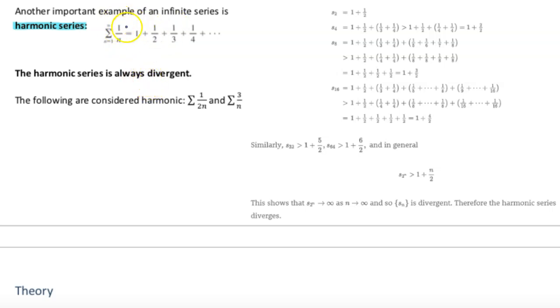And in this case, our numerator has to be a constant, and the denominator has to just be n. It can't be n to some power, it's just n in the denominator. This harmonic series is always going to be divergent.